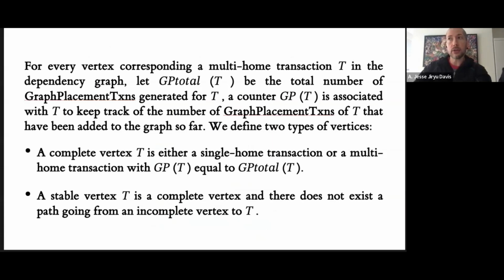And we can know this because the forwarder can already calculate this number. So a counter GP is associated with T to keep track of the number of graph placement transactions of T that have been added to the graph so far.